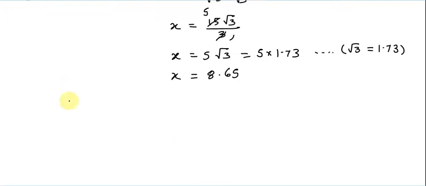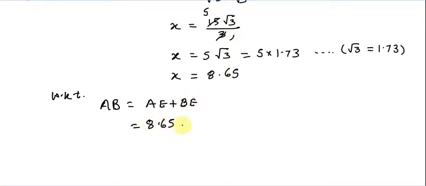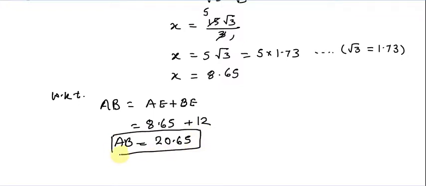But we know that the complete height of the second building AB is equal to AE plus BE. So AE is 8.65, that is X, plus BE is 12 meter, so it is 20.65 meter is the height of AB.